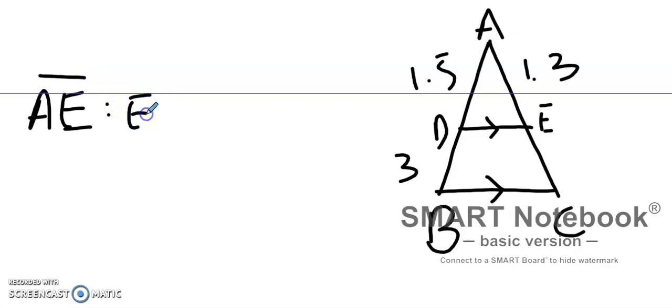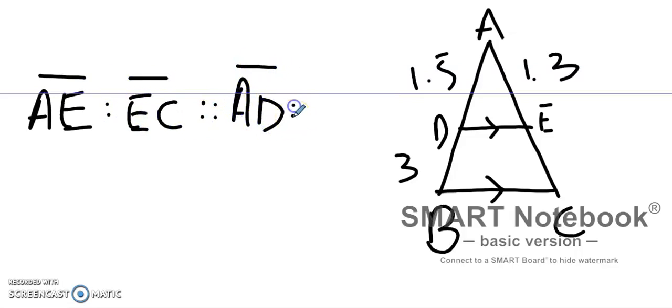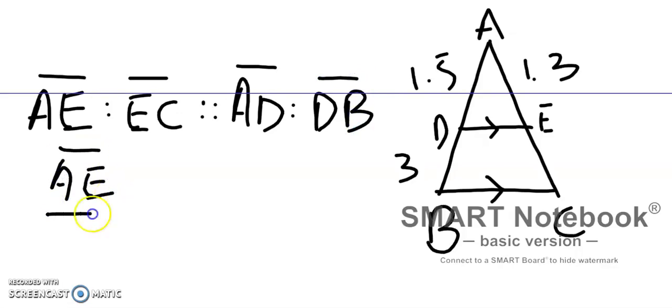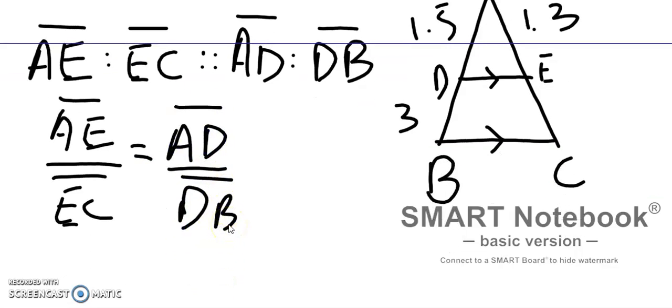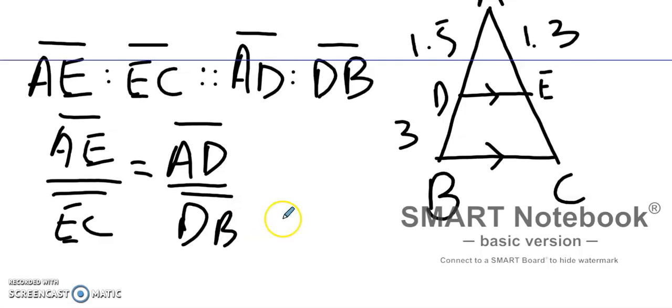ratio EC proportion AD ratio DB. Okay, or I can also write it as AE divided by EC is equal to AD divided by DB. Now, I am going to put the values.